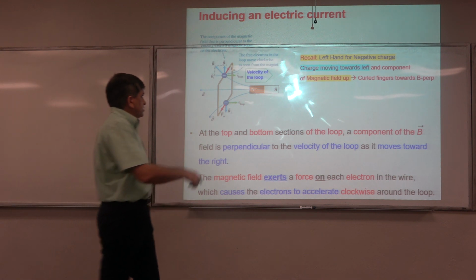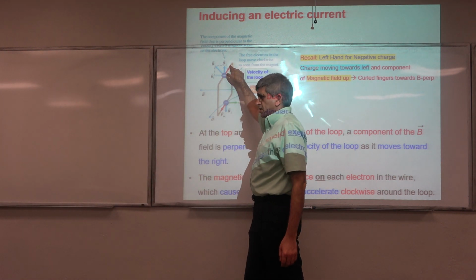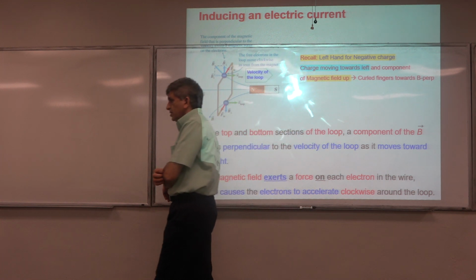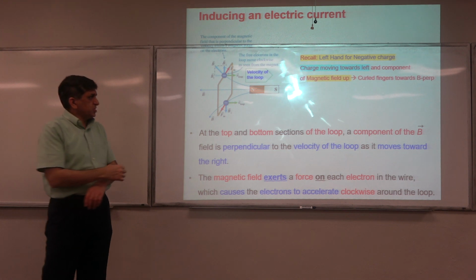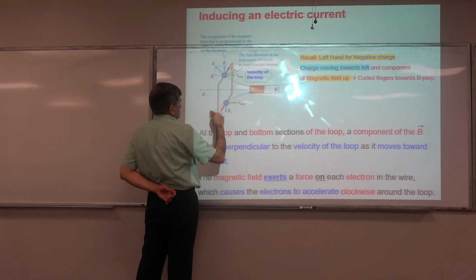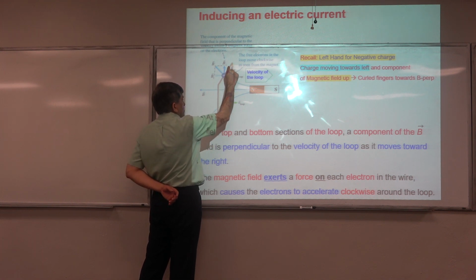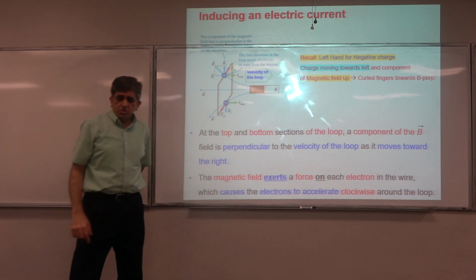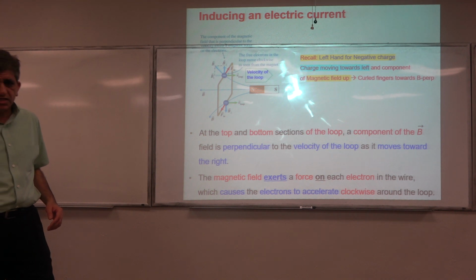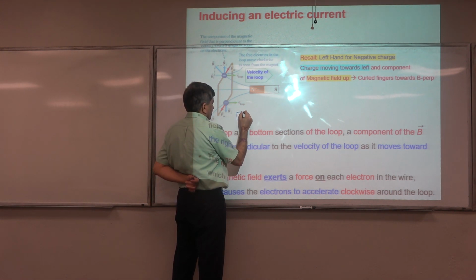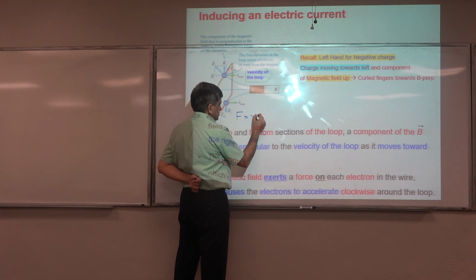So in this case the force is in one direction, in this case the force is in the opposite direction. Basically the electrons are moving, accelerating, and this force is responsible for moving the charges, and the current is produced. Our friend Newton says F is equal to ma.